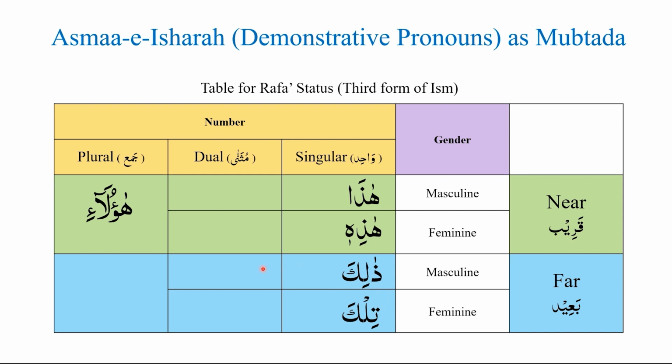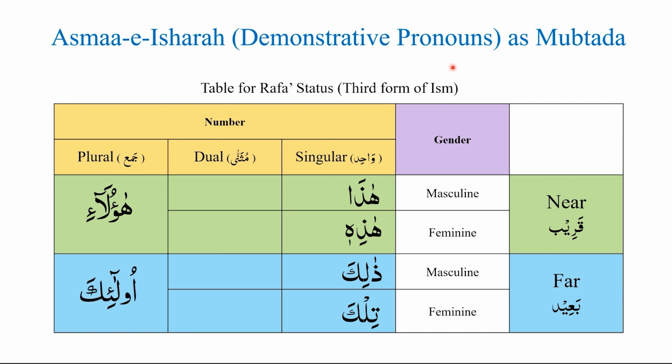We will once again skip dual demonstrative pronouns because majority of the asma ishara that are used in the Holy Quran will be either singular or plural. For plural demonstrative pronoun that is used for far, the term is ulaika. Ulaika will be used to demonstrate people or objects that are far, and ulaika will be used for both masculine and feminine.